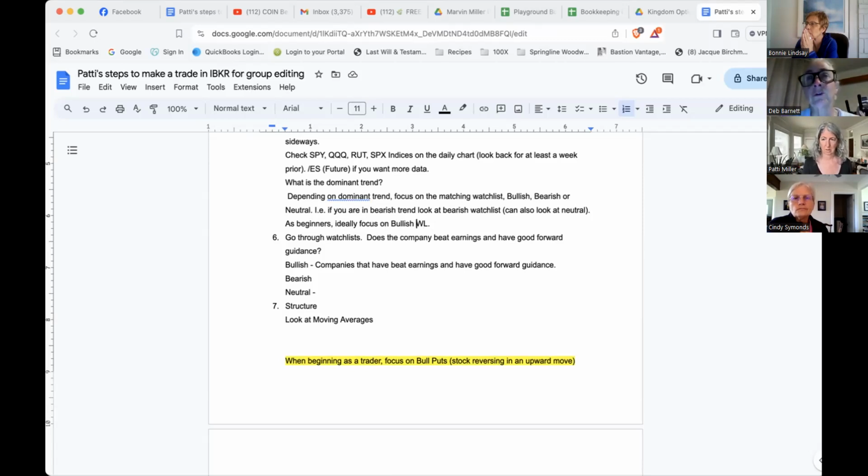Because you don't want to focus on your bullish list. If it's showing bear, you don't want to do a bear call on a bullish market, a bullish stock. But if it's not a bullish trend, or if it's not a bullish market, you can't. Right?